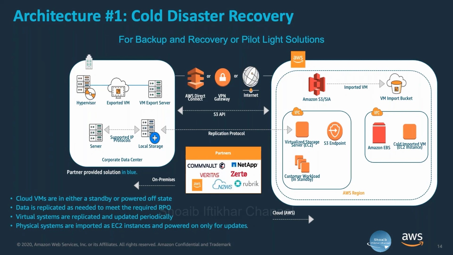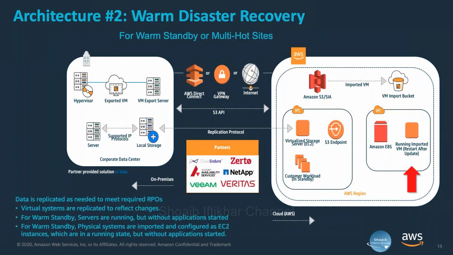Most of the resources are stood down in AWS and thus don't cost you anything to run on a daily basis. In a warm standby or hot multi-site, you do have some running VMs in AWS. You can see those over there on the right-hand side. So overall, the architecture is very similar, but there are just more VMs that are running and more data that's hydrated to enable a lower recovery time objective.